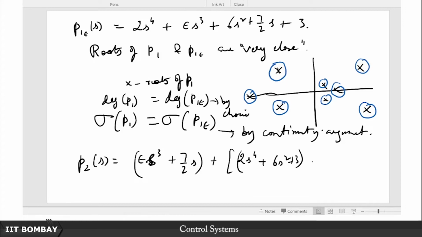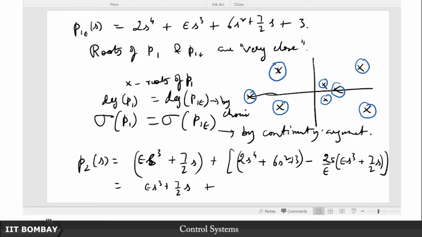Because I now have a non-zero term to play around with, albeit a very small number, I can take 2 by epsilon times epsilon s cubed plus 7 by 2 s.